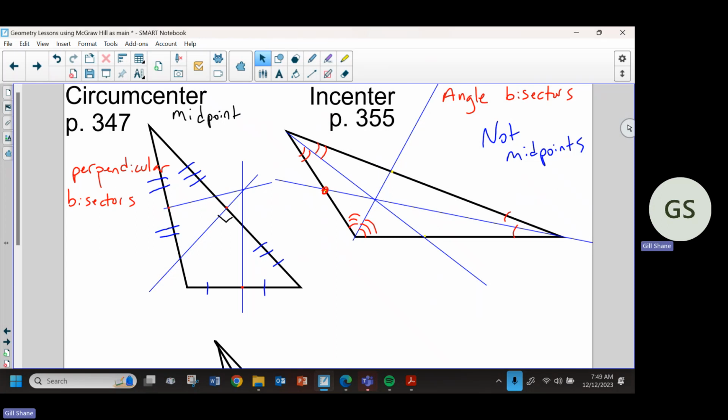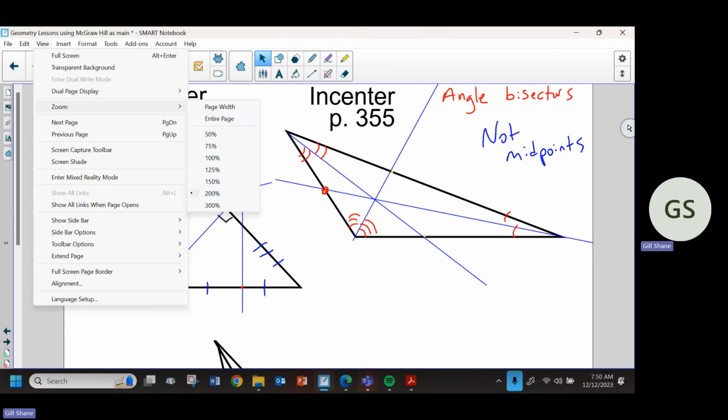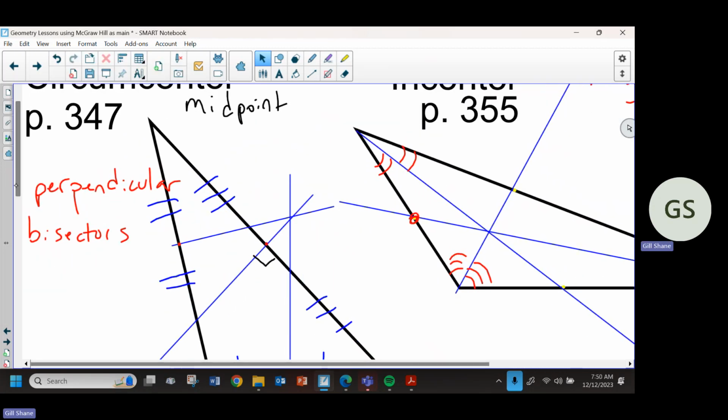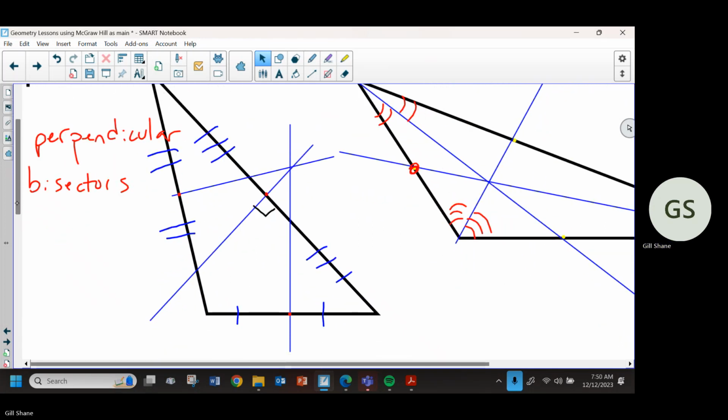So here's the concept, I guess, and this is where some of the math will come in. Let's zoom in on just the circumcenter.